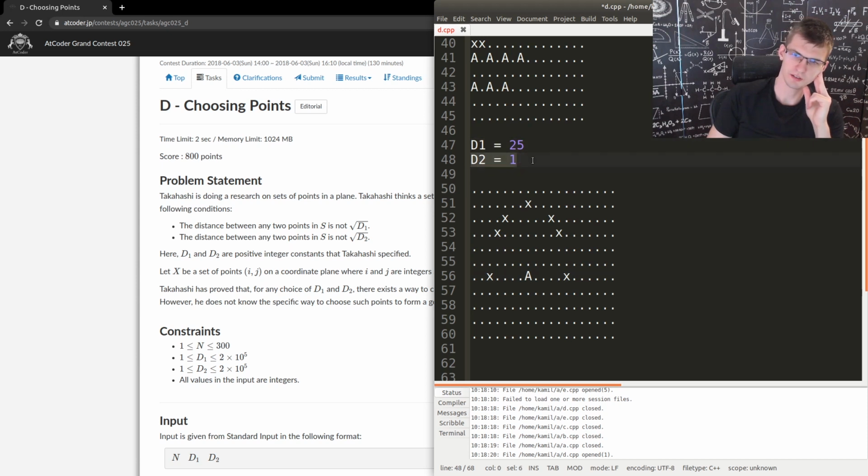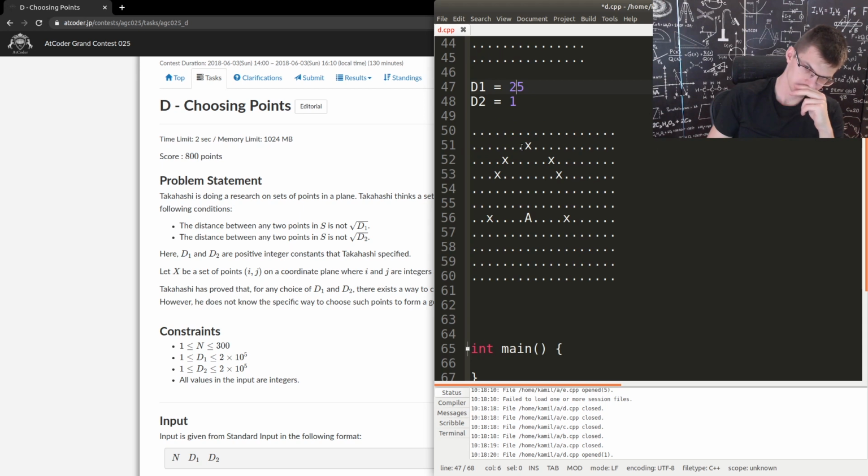Consider this, then we take half the grid, and because there is some D1, we again take half of the grid. If it was a problem worth fewer points, then I would maybe try greedily going from top left and taking a cell if I can take it.